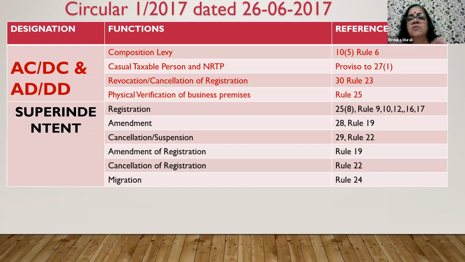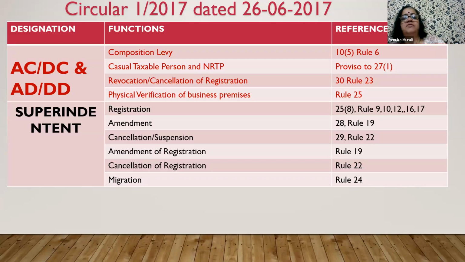I just want to spend a little bit of time on the circulars, because this is the circular which clearly defines the powers of the respective officers, which you are going to see to check whether they have the right on a particular aspect. Circular 1 of 2017 talks only about registrations and composition levy. While the superintendent has the power on registration, accepting application forms, approving, making queries, approving an amendment, approving a cancellation or suspension, or migration, all these things are done by the superintendent of the respective jurisdiction, whereas up to the assistant commissioner or deputy commissioner, additional director or deputy director, he can work.